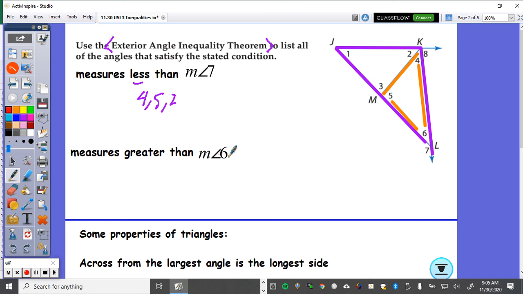What angles are greater than 6? Okay? So, let me do this. Hang on.